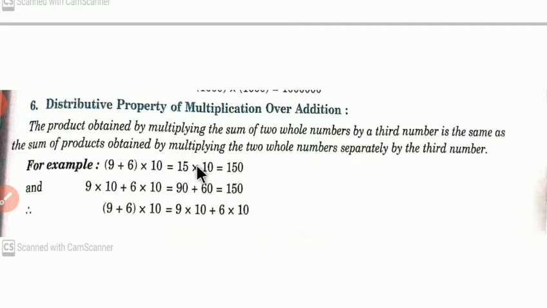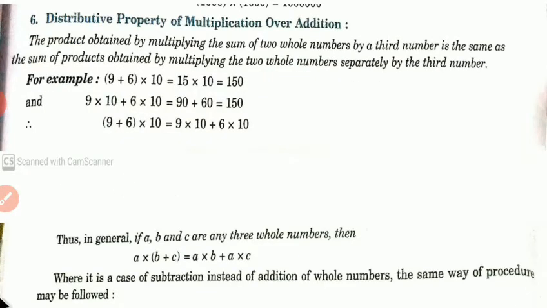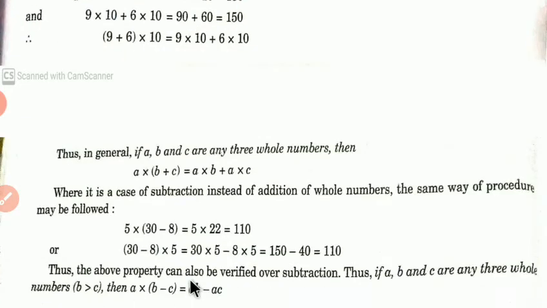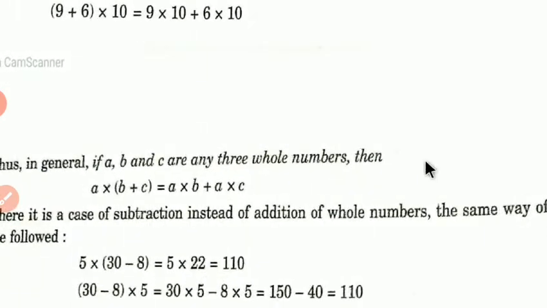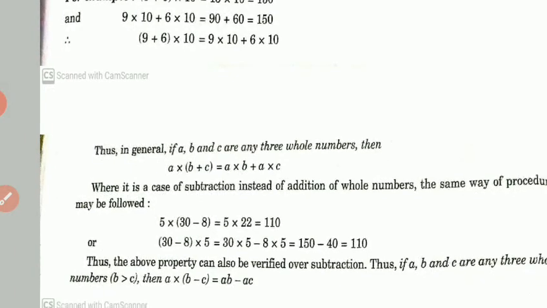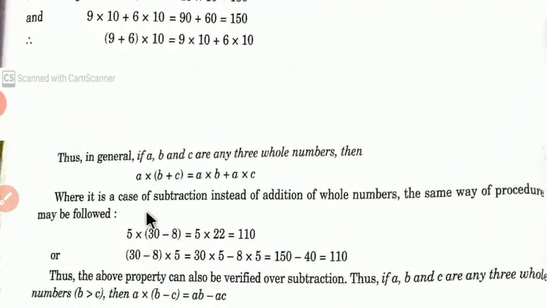So this is the distributive property of multiplication over addition. Or generally we can write it as, if a, b and c are any three whole numbers, then a × (b + c) is equal to a × b plus a × c.